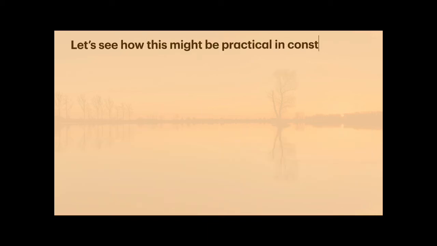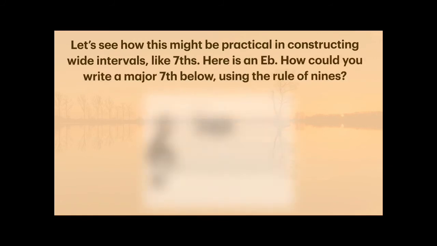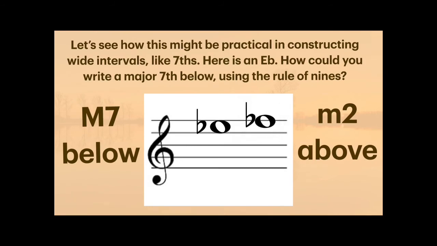Let's see how this might be practical in constructing wide intervals, like sevenths. Here is an E flat. How could you write a major seventh below using the rule of nines? When we invert a major seventh, we get a minor second. A minor second above E flat is F flat.